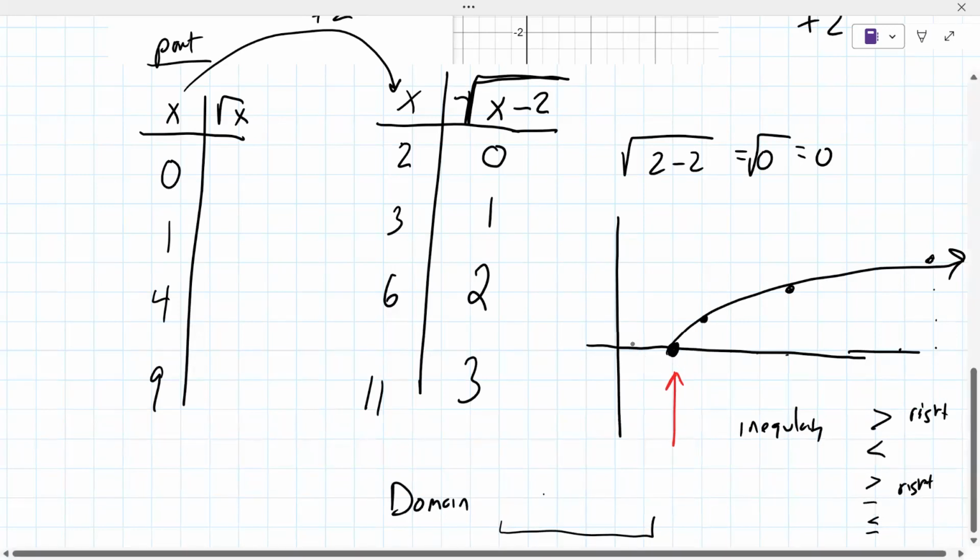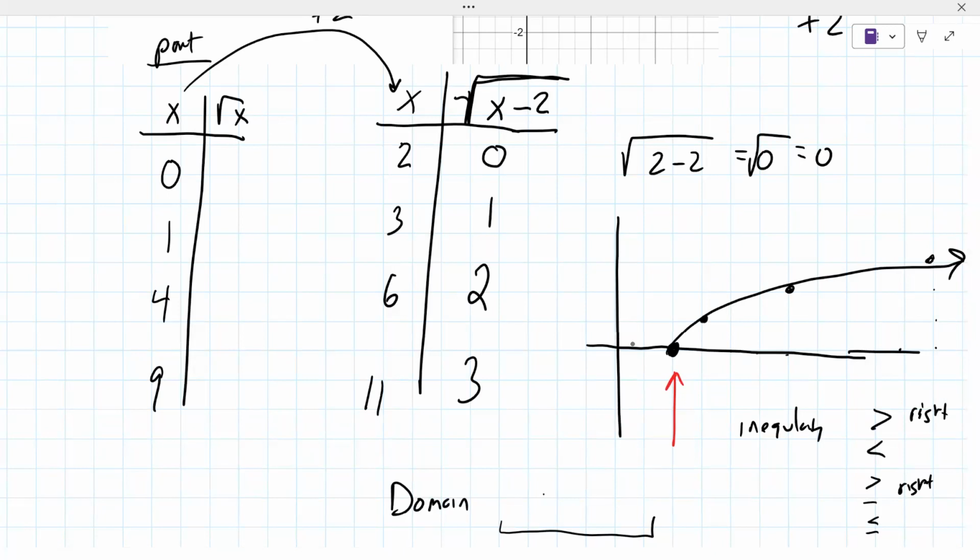Does it include that point? Is it a filled in circle? Yes. Okay, so does it include that point? Yeah. Okay, so we're going to use greater than or equal to because it's going to the right.